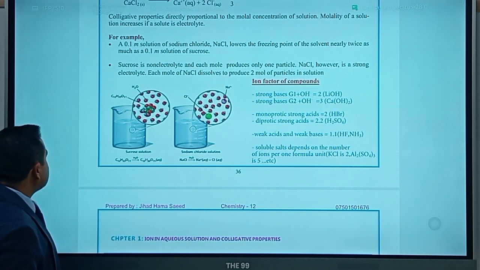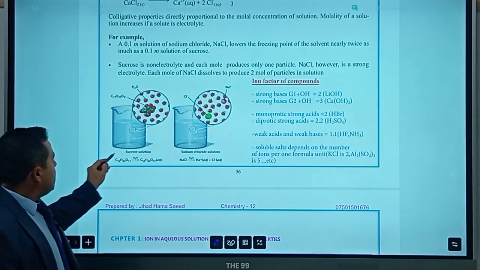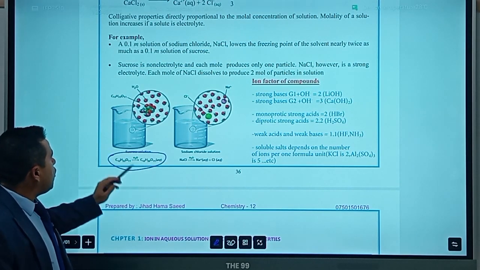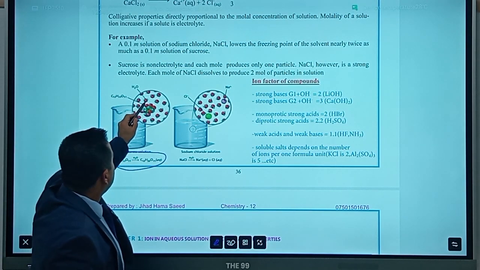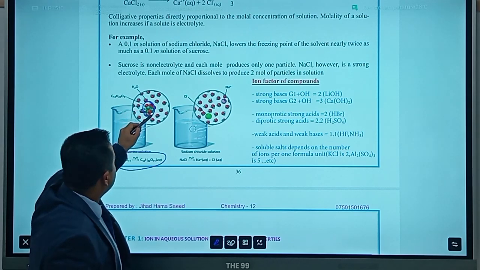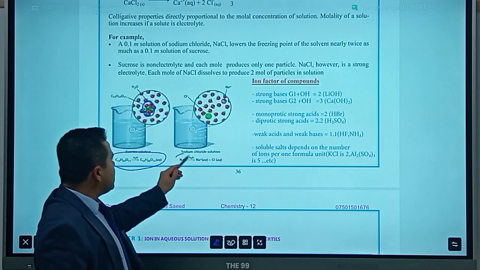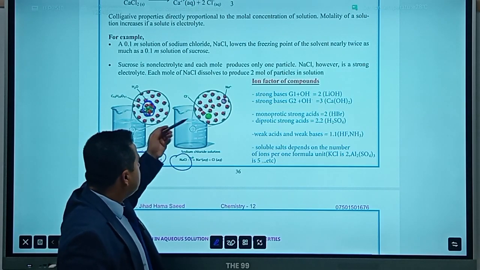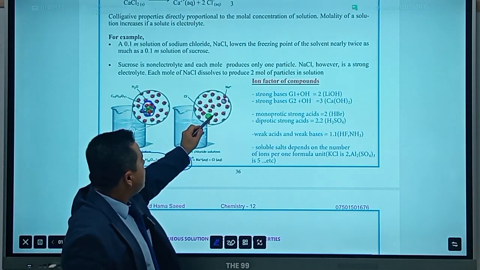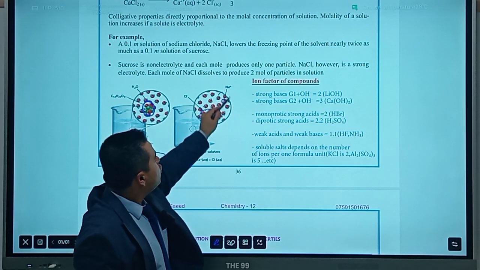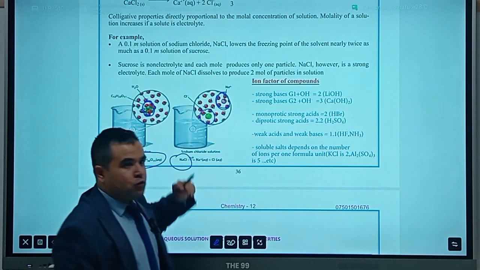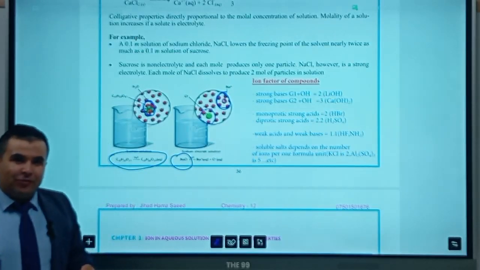Here we can see, guys, for the sugar, when the sugar dissolves, it stays as a molecule of sugar, as one unit. But when NaCl dissociates and dissolves, it ionizes to produce two particles.